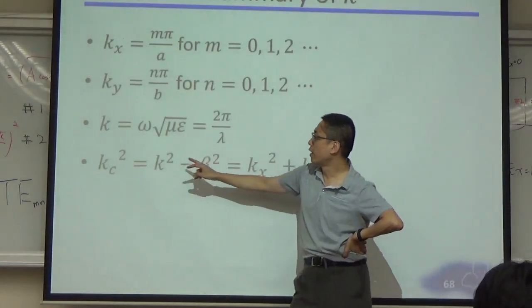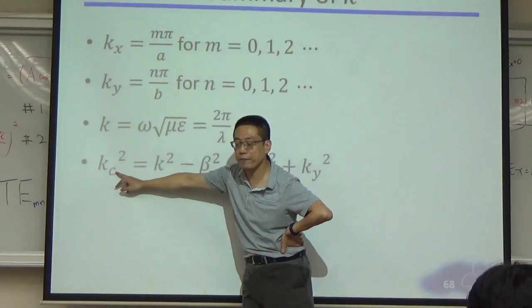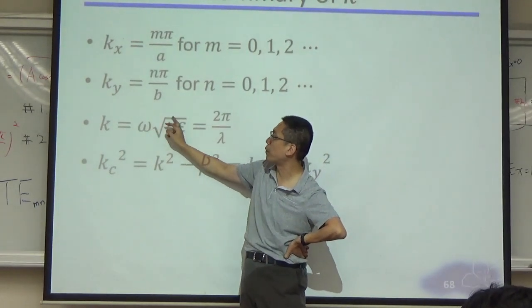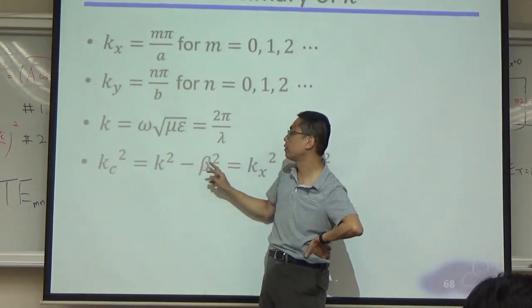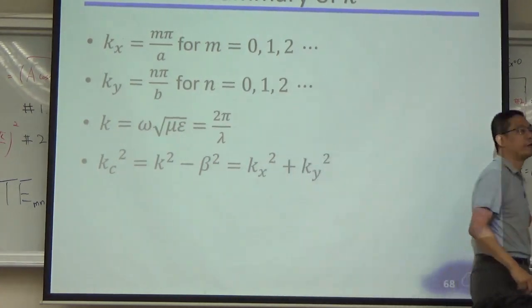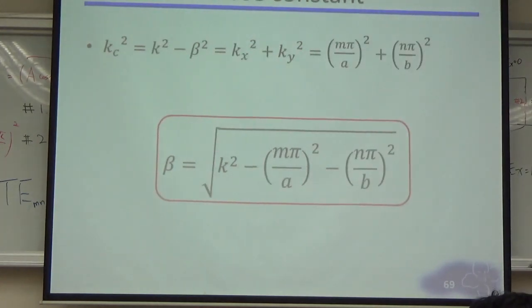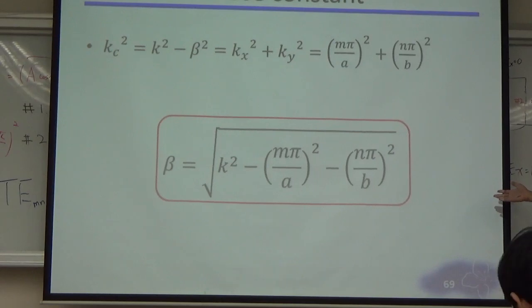You can calculate the wave number, and because you know k equals omega multiplied by the square root of mu epsilon, you can obtain beta. Actually, I repeat everything again. Your kc equals this one, and then your beta equals this equation, right? It's just simple math.